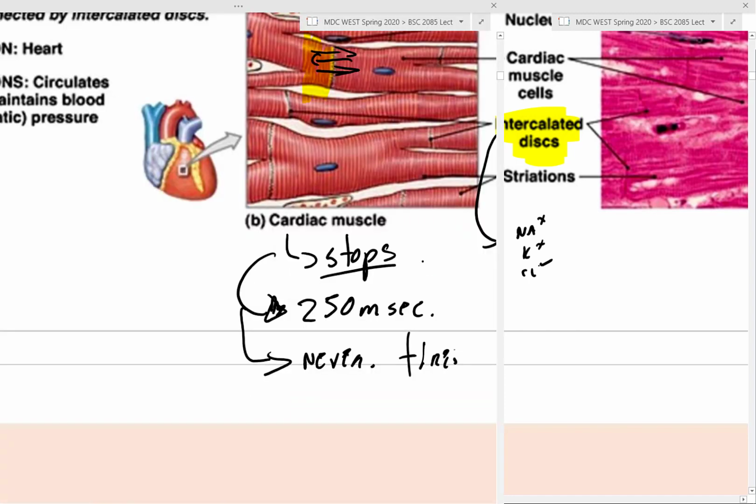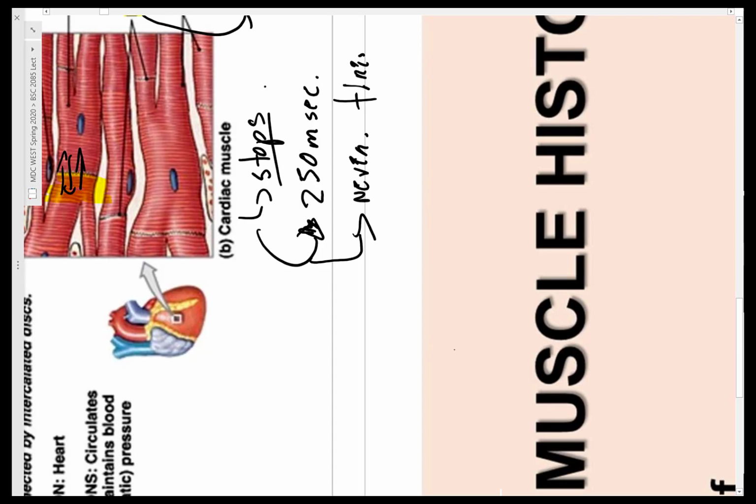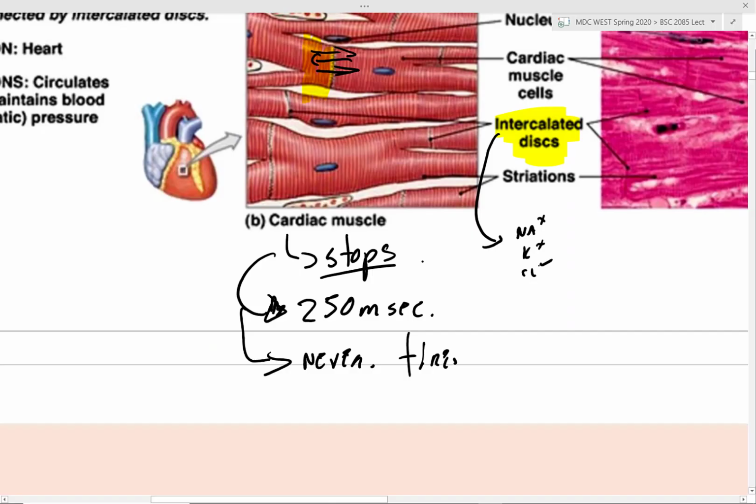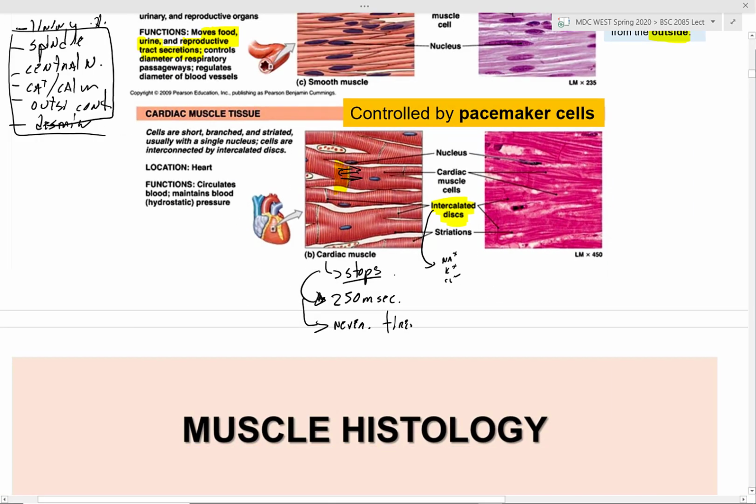That means it can beat for the rest of your life, hopefully. That's what we want, right? Does that make sense? So that small gap of contraction allows your heart to never become tired. So it can beat all the time.